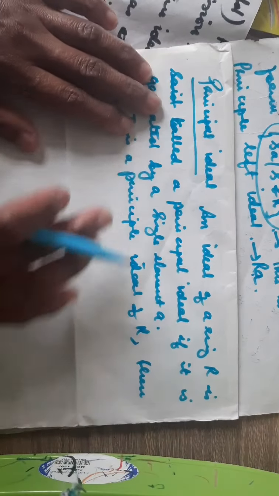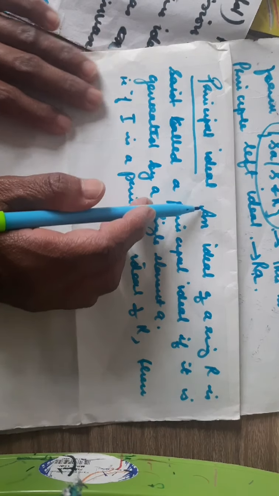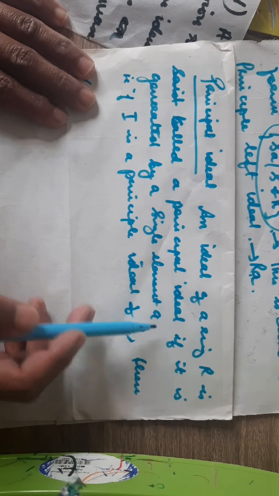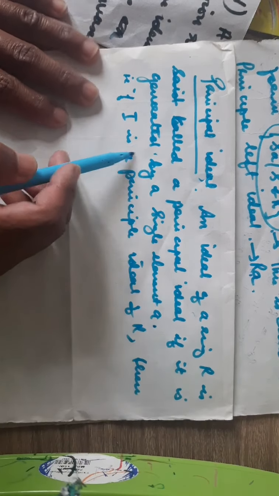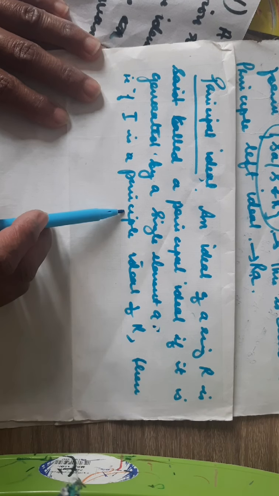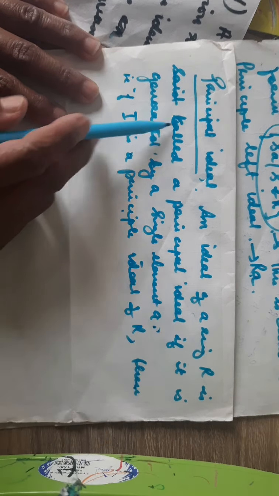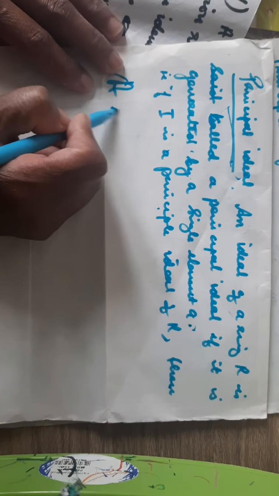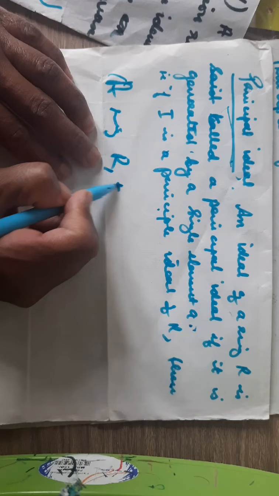Before we come to that, a principal ideal means the ideal generated by a singleton element A, and if that ideal generated by A is both a left ideal and a right ideal, then it will be called a principal ideal.